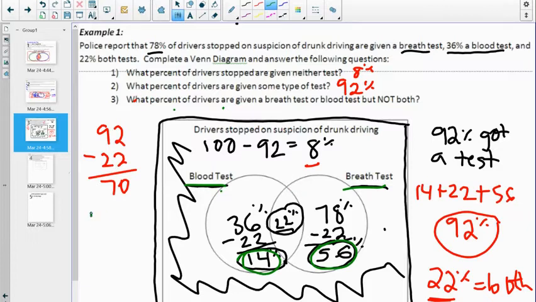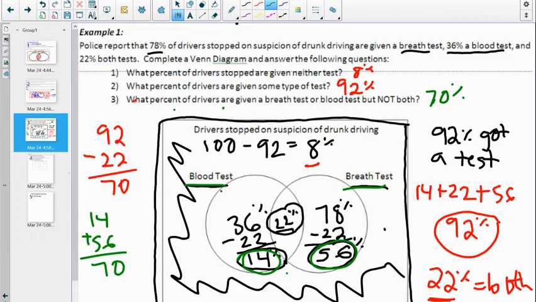So 14 plus 56 also gets you to 70. There's more than one right way to do it, just whatever you prefer. We know that 70% of people got either a blood test or a breath test, but not both.